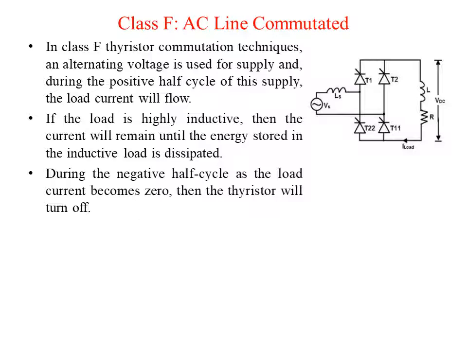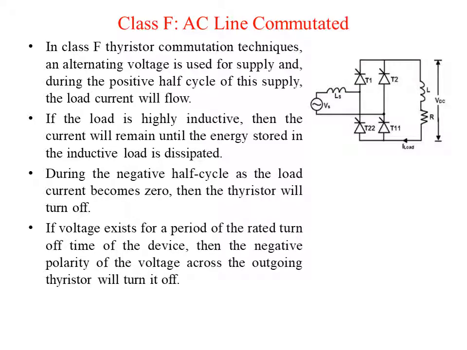That is nothing but during the positive half cycle, the inductor will be charged and the current will keep flowing through the inductor as long as energy is getting stored in it, and during the negative half cycle the energy will be dissipated, the load current becomes zero, and then the thyristor will be turned off.